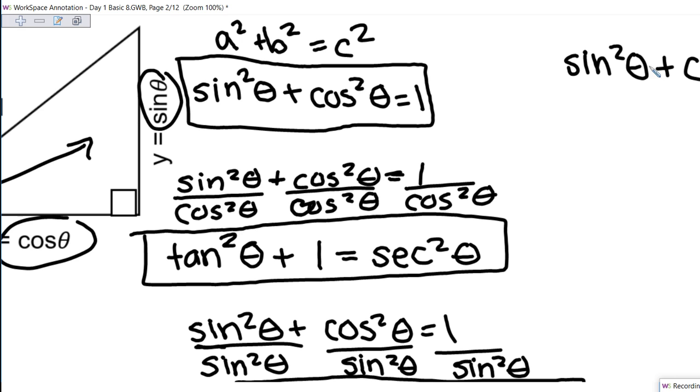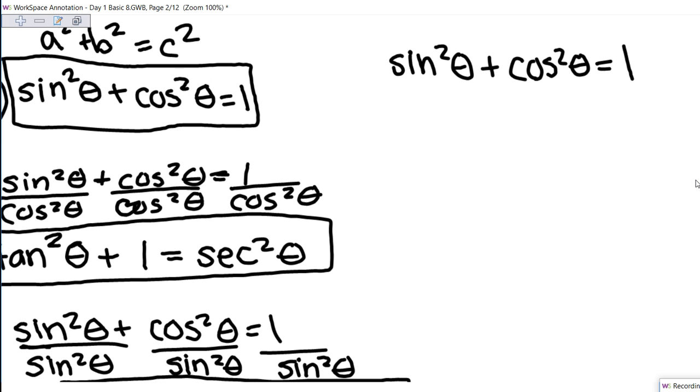Now notice I'm using theta because that was our reference angle, but they may use alpha, they may use beta, they may use x, they may use a capital A. It's just whatever the angle is. So sine squared plus cosine squared equals 1. What if I want to get sine squared by itself? Subtract cosine squared. The opposite of add cosine squared would be subtract cosine squared to both sides.